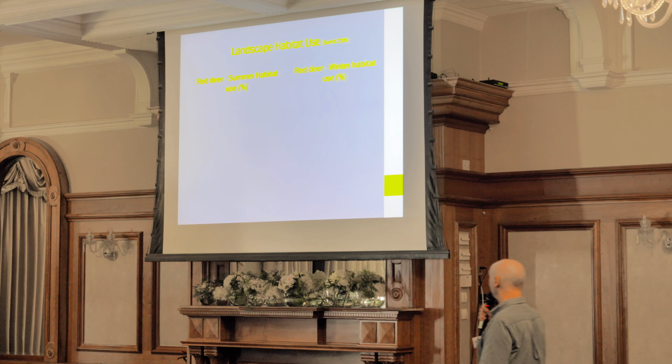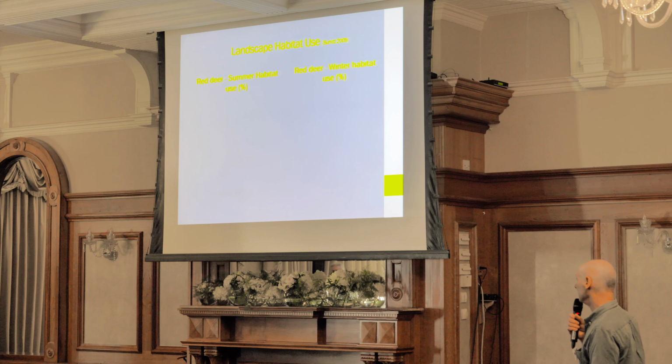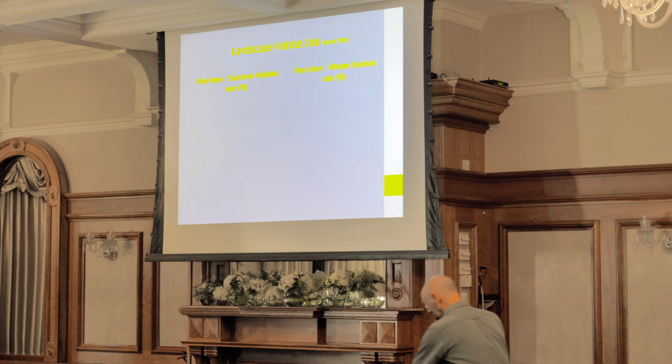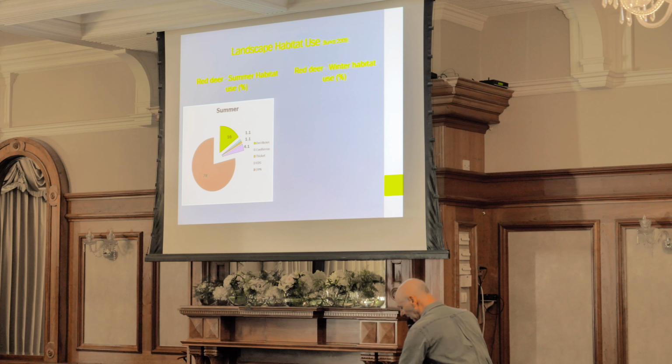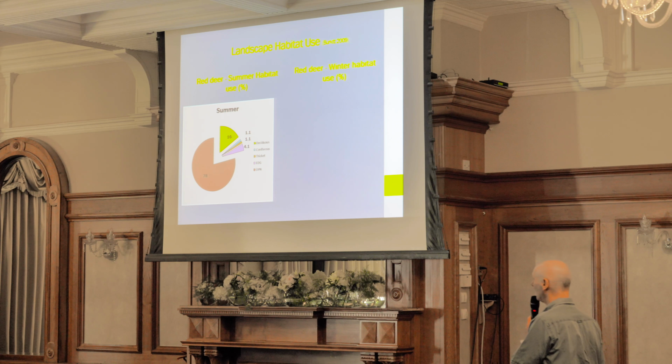So now I just want to show you how landscape habitat use varies between summer and winter, and also between different species. And again, the differences are quite subtle, but nonetheless, they're important. And it just shows how animals use the landscape.